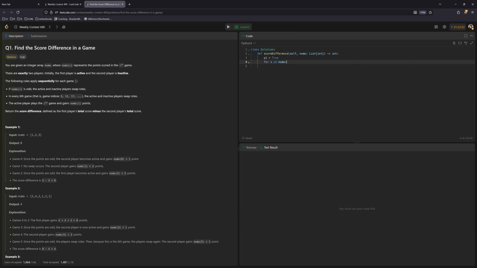For i in nums, if it is odd, if i mod 2, P1, let's do which player, right? In every 6th game, the active and inactive players swap roles.